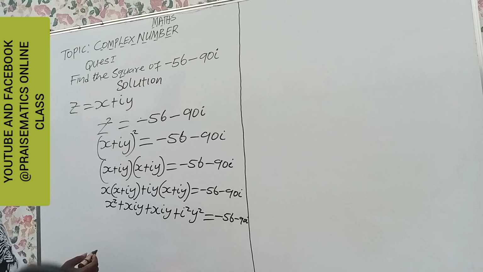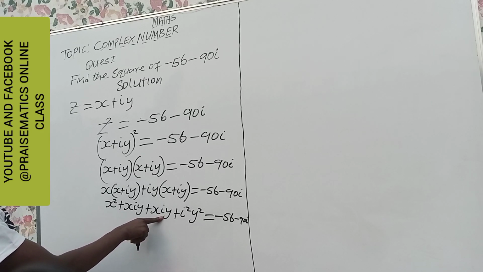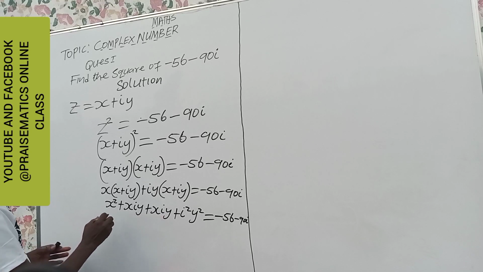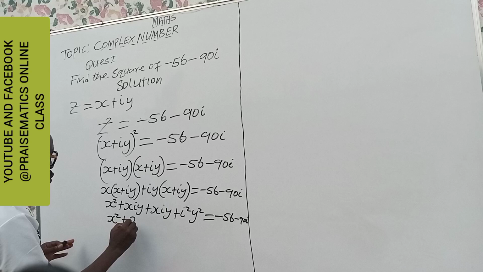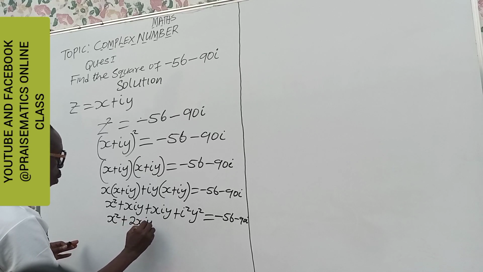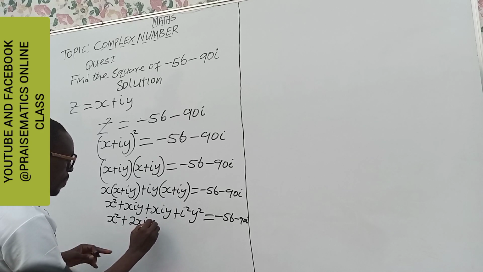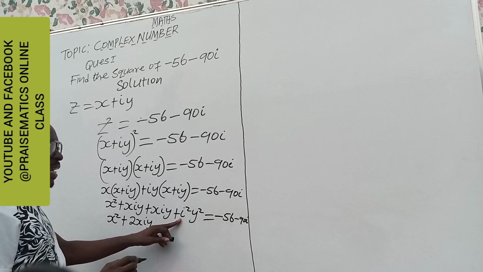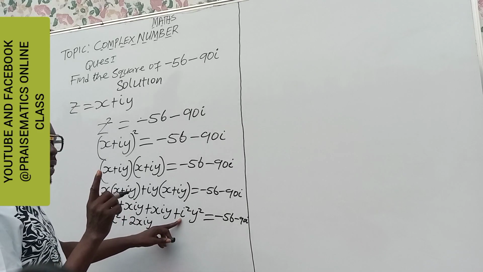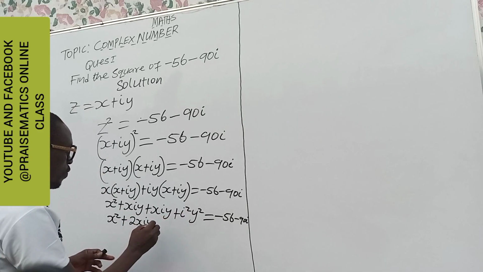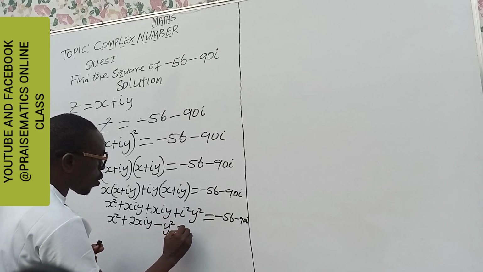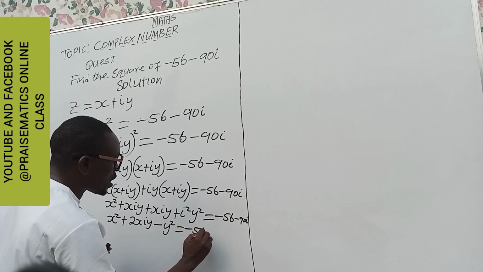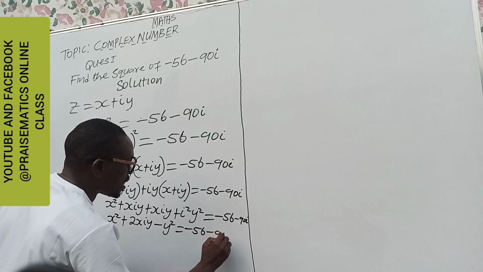So we collect like terms. These two are the same, so they give 2xiy. We have x squared plus 2xiy. Remember that i squared is always minus 1, so minus 1 times y squared gives minus y squared, equal to minus 56 minus 90i.